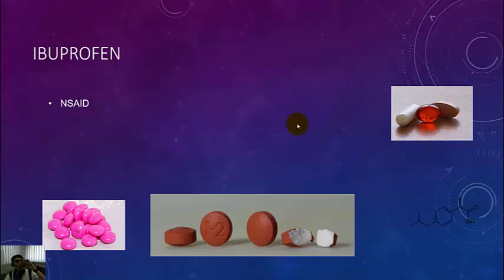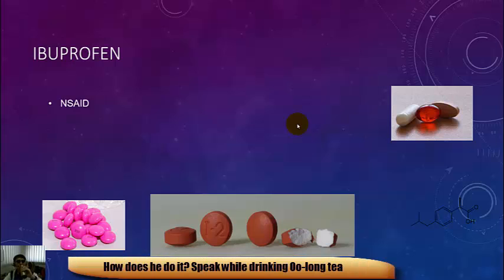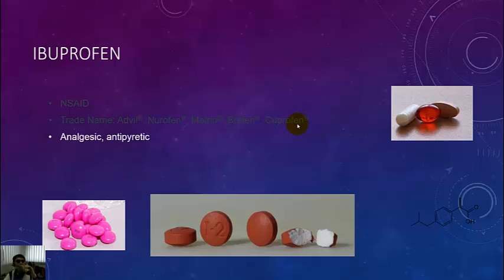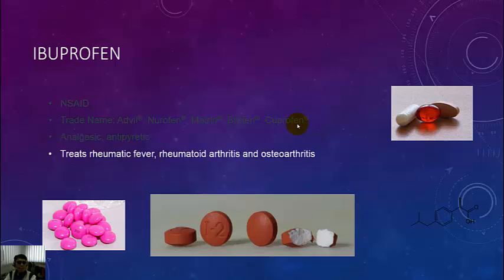Ibuprofen exhibits analgesic, antipyretic, and anti-inflammatory properties, and this makes it very well suited for alleviating minor to moderate aches, pains, and in fever reduction. Additionally, it has found use in treatment of rheumatic fever, rheumatoid arthritis, and osteoarthritis.